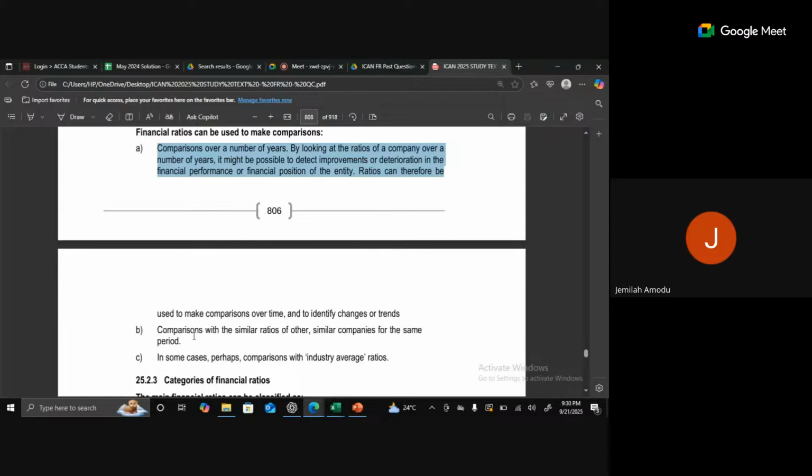That is one. Secondly, they can give you the financial statements of two different companies and ask you to carry out comparison, right? To prepare their ratio or calculate the ratio, analyze it by comparing their financial position or performance, depending on what they're asking you to do. Or they can give you an industry average, right? Like if they will just tell you that, okay, these are the financial ratios for this industry, and they'll now ask you to calculate the ratio of any entity that was given to you.